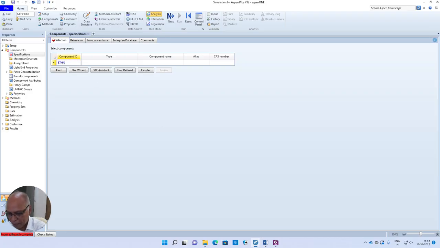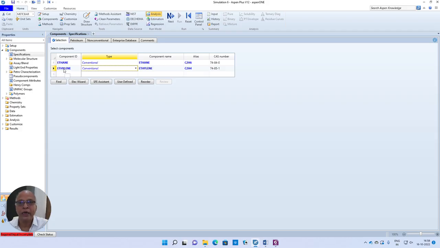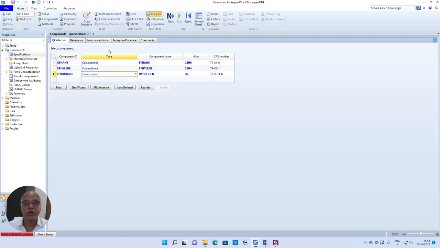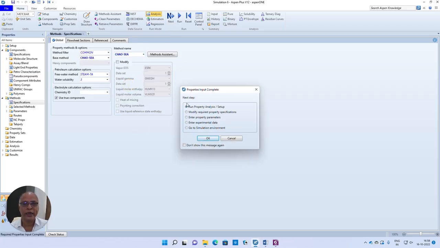Ethane, then ethylene, hydrogen. So after defining the components, go to the next input screen, choose an appropriate property method, go to the next input, choose simulation environment.